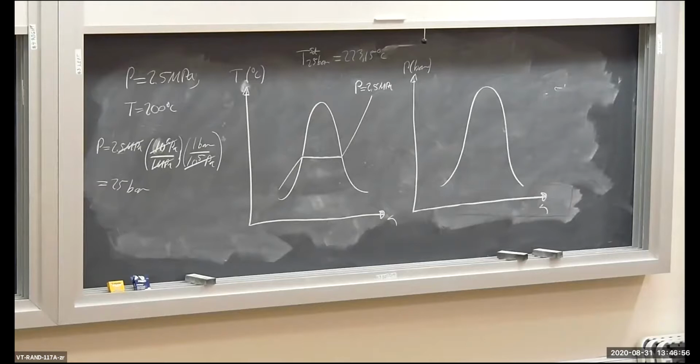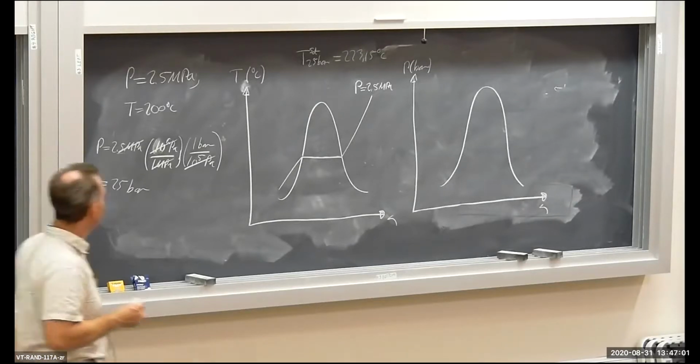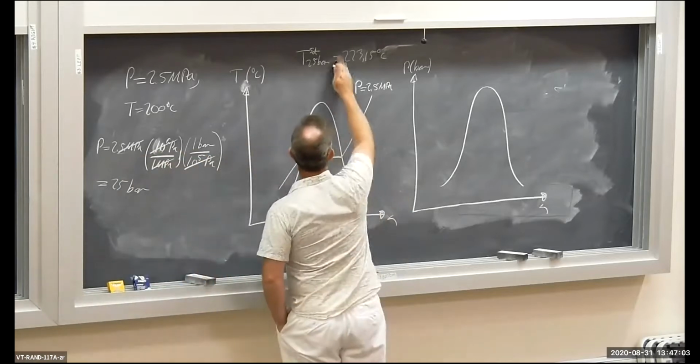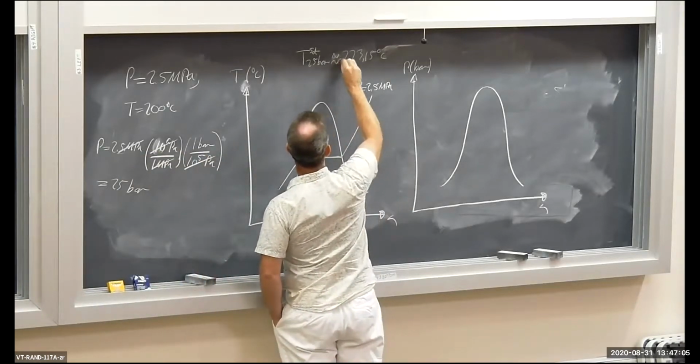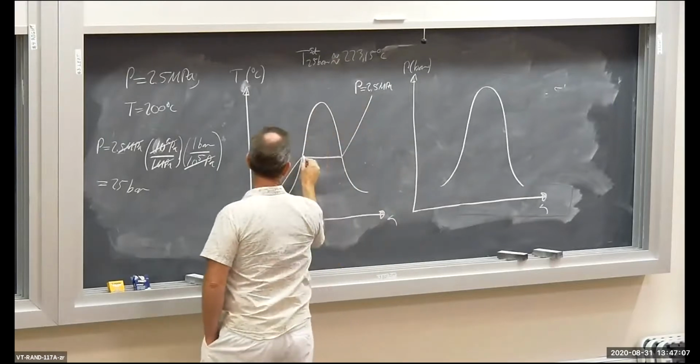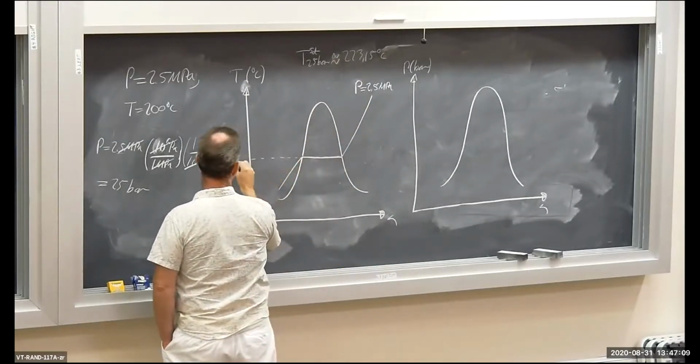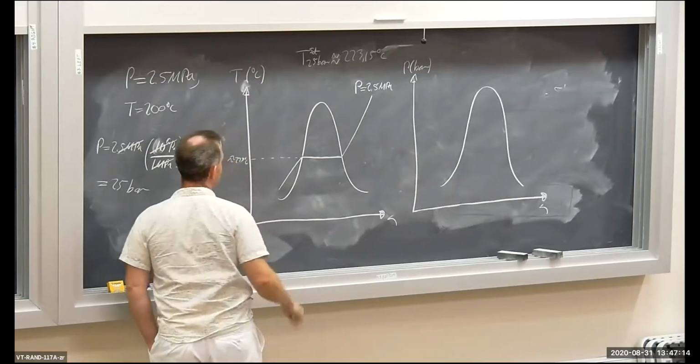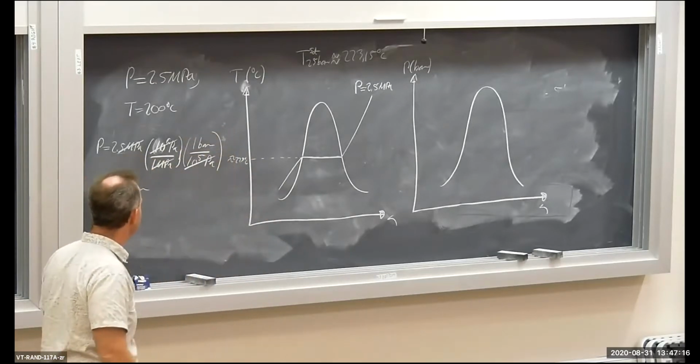We're right smack dab in the middle between two data points. So I have 223.1 degrees C. I'm going to put an approximately equal here. So this guy is approximately 223 degrees C.